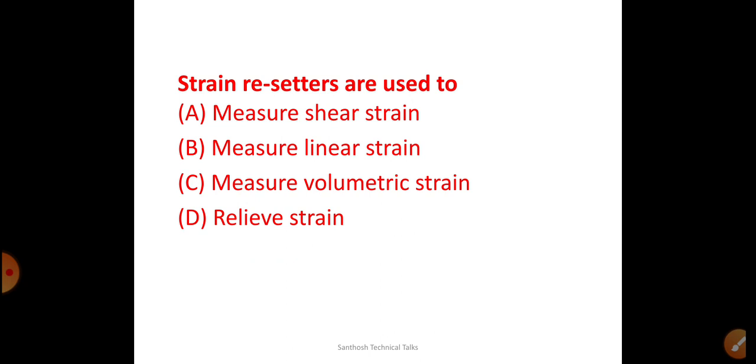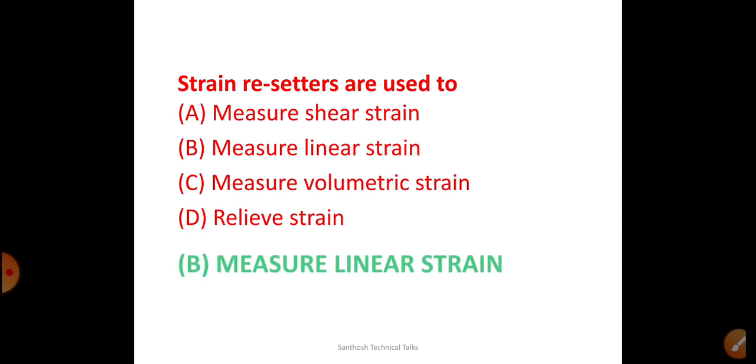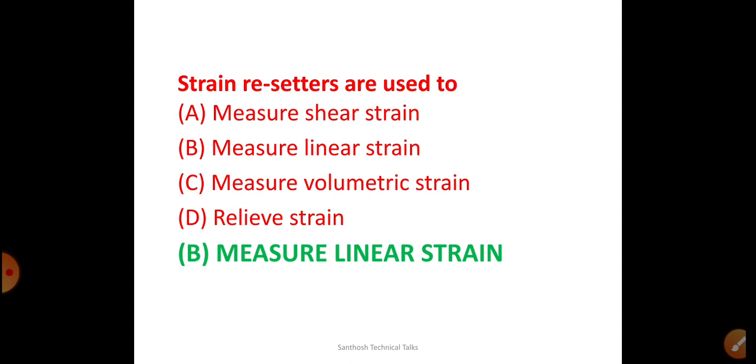And next, strain rosettes are used to measure linear strain. They can ask, strain rosettes are used to measure linear strain.